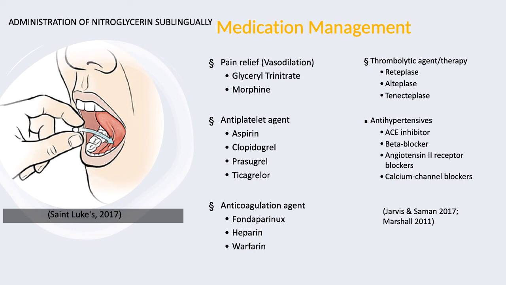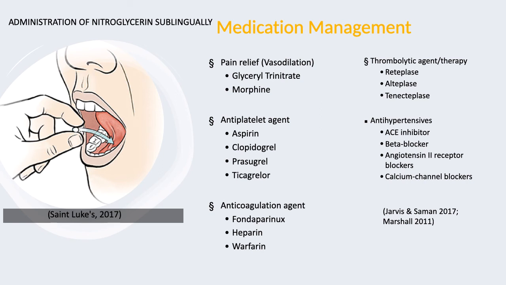GTN is a vasodilator, hence it will allow vessels to expand and let more blood into the heart, in turn reducing angina. GTN should not be given to patients presenting with high blood pressure, as it can worsen these symptoms. GTN is given sublingually as a tablet or spray, IV or transdermal. It usually relieves pain in 3 minutes and lasts for 30 to 60 minutes.